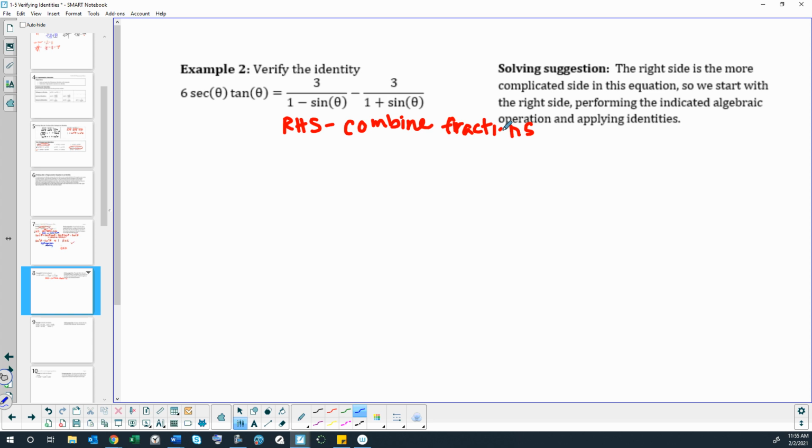It's already lagging. My favorite thing. Yay. Okay. Combine our fractions together. So we need a common denominator. So we need to get common denominator first. This really isn't going to let me write.